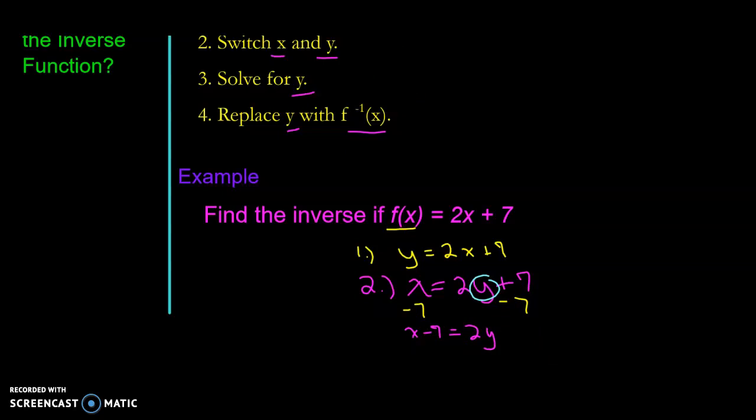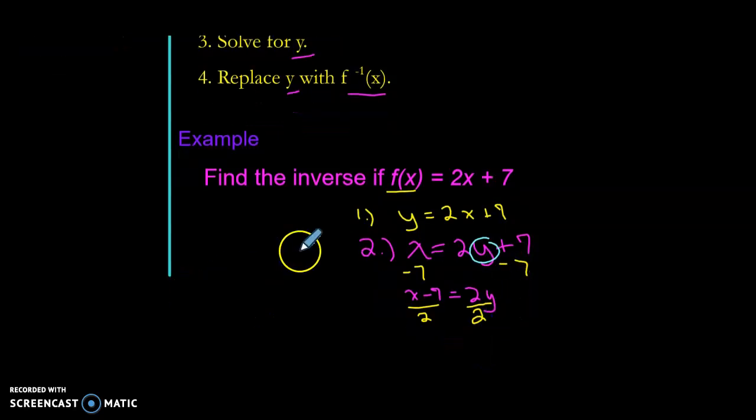My final step is to divide by 2 on both sides. And now my function is x minus 7 all over 2. That is what y equals.